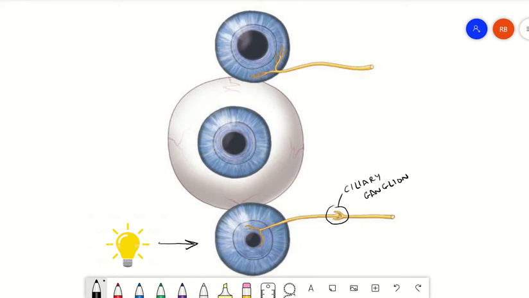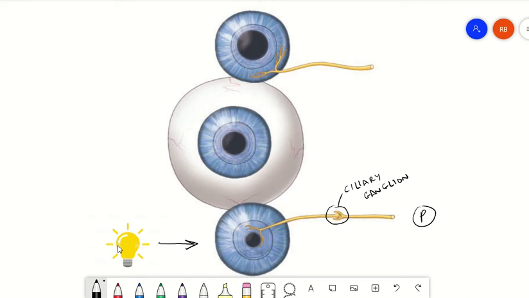So that means that this bottom diagram here, this bottom eye, is showing the effects of the parasympathetic pathway on pupil size. So this is the parasympathetic pathway. If light is shone into an eye, it's going to activate the afferent pathway, and then it's going to come from the Edinger-Westphal nucleus.